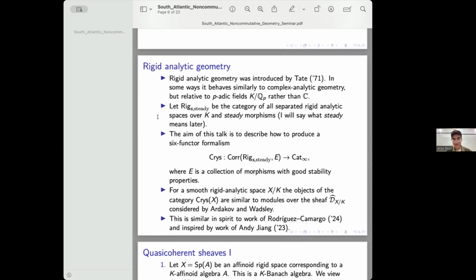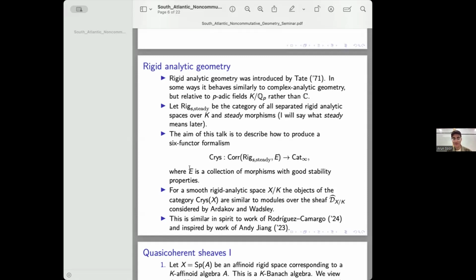The aim of this talk is to describe how to produce a six-functor formalism on rigid analytic varieties. As in our previous definition, that would be a lax symmetric monoidal functor from correspondences on rigid varieties with some class of morphisms to the category of infinity categories.